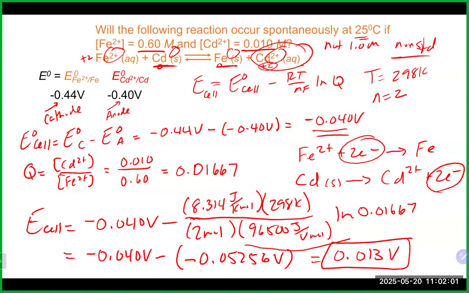This is going to be a positive voltage, not a lot, but it is enough to make it somewhat spontaneous, yes. So here, by changing the concentrations, we're able to make a reaction that is non-spontaneous under standard conditions into one that is, well, slightly spontaneous, as it's got a little bit of voltage.